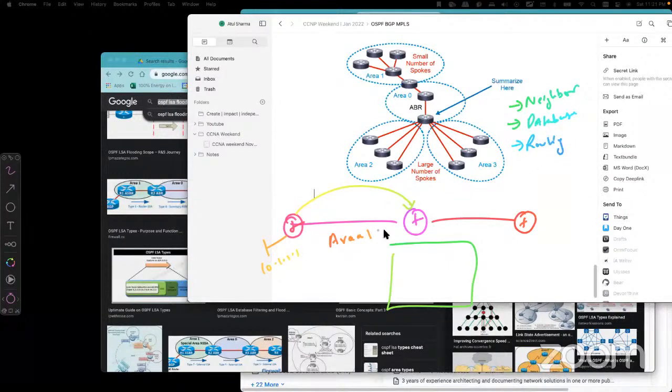So when you send 10.1.1.1, it will create area 1, and when we send another loopback, maybe 192.168.1.1, it comes here too. This router will create two database tables, area 1 and area 2. In area 1 you will see 10.1.1.1, and in area 2 you will see 192.168.1.1. Okay, clear?